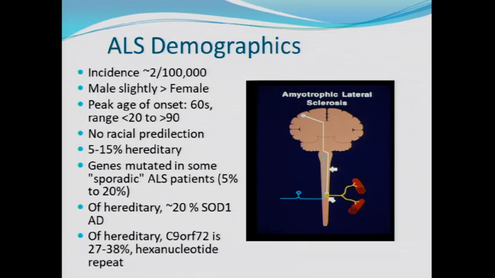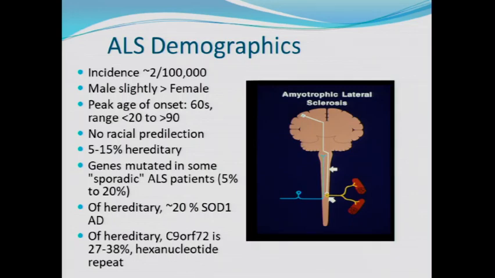The most common hereditary form is this C9orf72, or open reading frame 72, which is a repeat. And like all repeat diseases, the longer the repeat, the more risk for the disease. We'll talk about a number of repeat diseases today because there are a number of neuromuscular diseases that are repeat diseases. They're always high yield for the board exam.